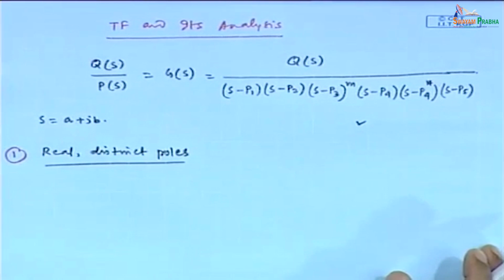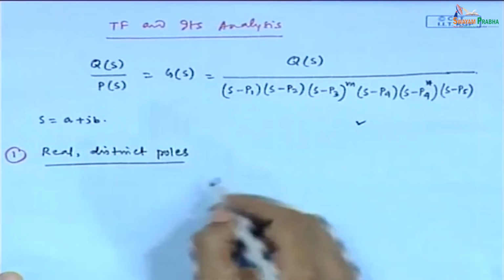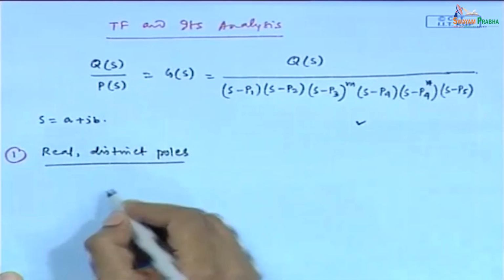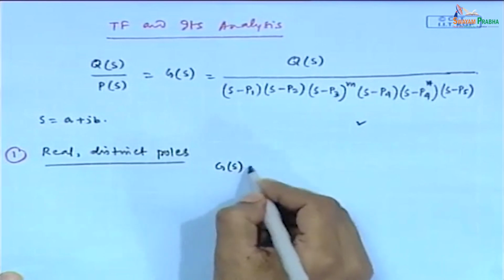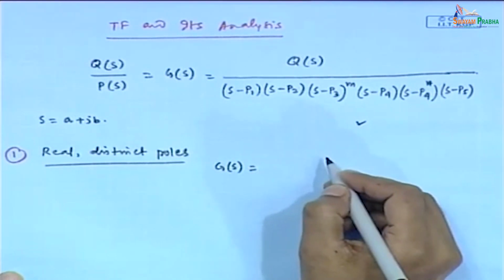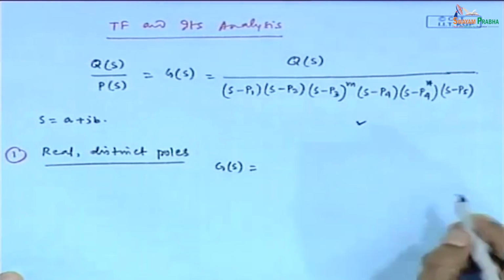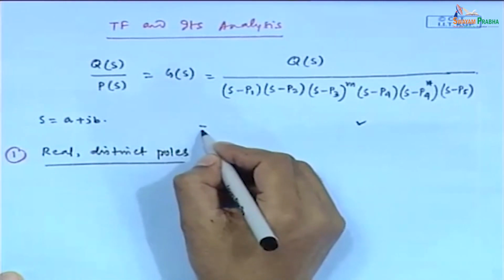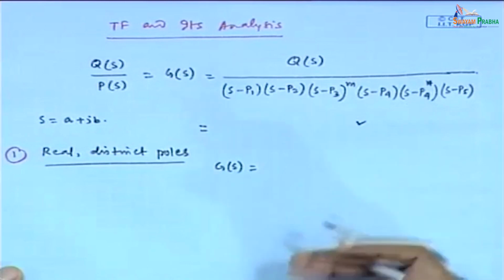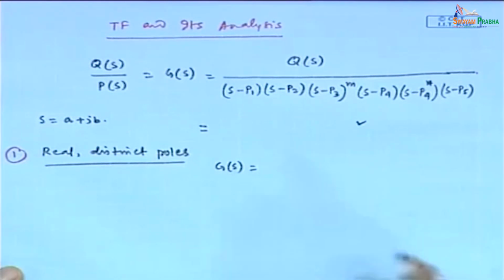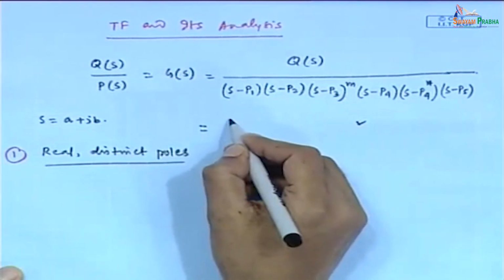Now, to consider this case, we will reduce this general form of the transfer function to this expression, G(s) equal to. Anyway, we can take the partial fraction of this equation before considering the different cases. So, we can write this equation in this way.